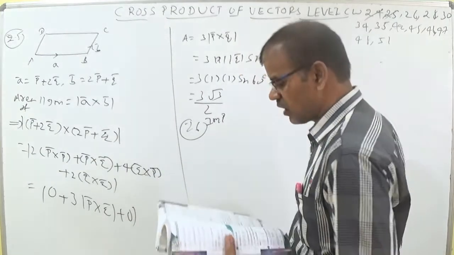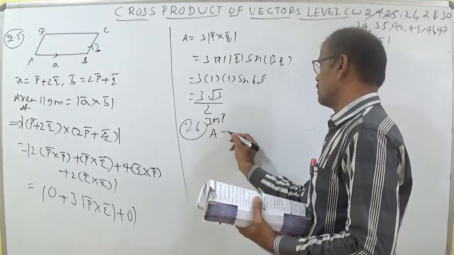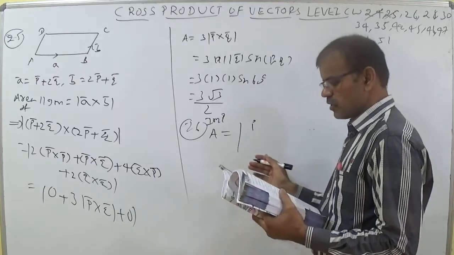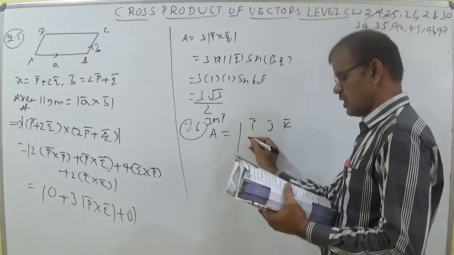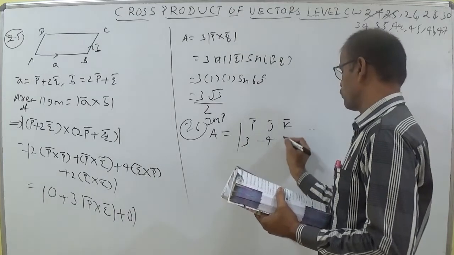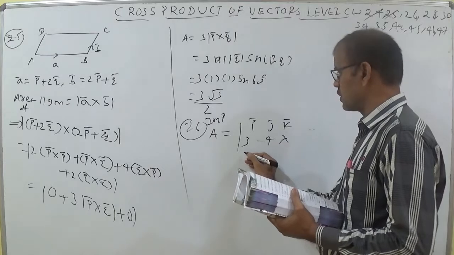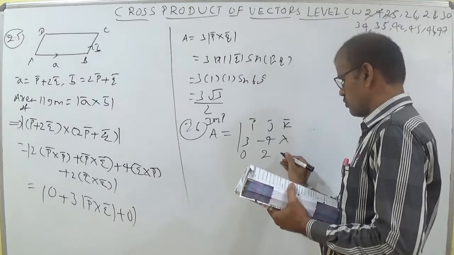Then what is the lambda? The value should be calculated. Area of parallelogram. Area is i, j, k put here, and here 3, minus 4, lambda, and 2j minus 4k he has given. So you should write here 0, 2, minus 4.